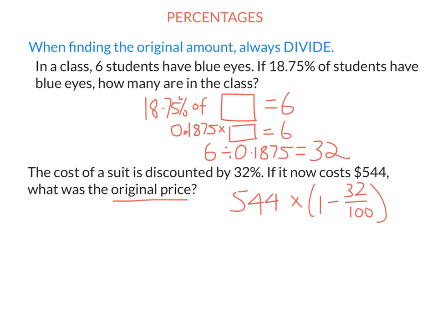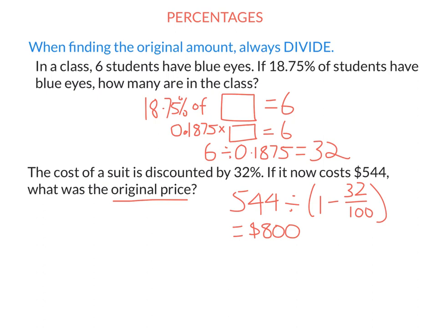It said we've taken some price, decreased by 32%, and ended up with 544. So instead of timesing, because we're finding the original amount, we're going to divide. So the answer is going to be 544 divided by 1 minus 32 over 100. And that gives us $800.